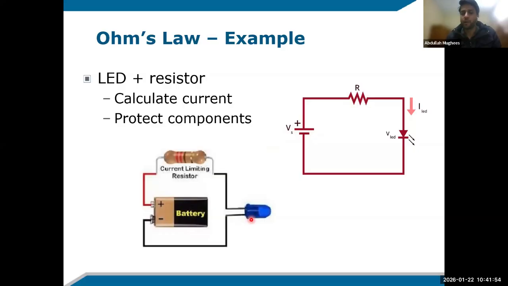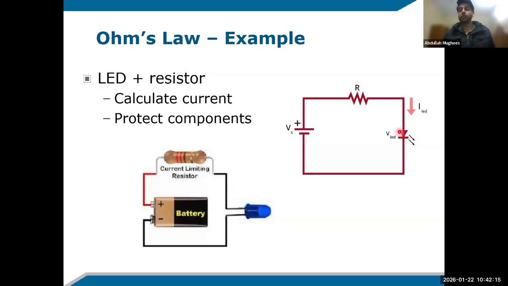It may burn it. If we had a larger LED, we might not need this resistance, but for this small LED, we do need this resistor. And this LED is represented using this special symbol.